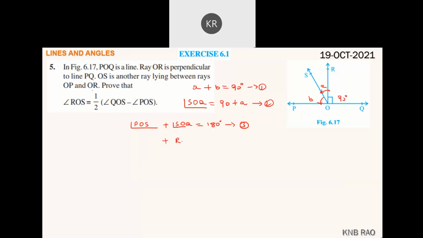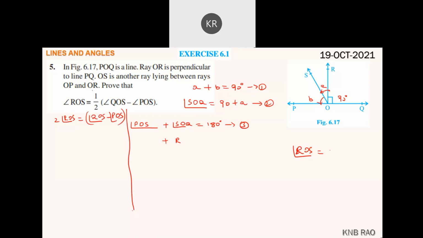And angle ROS I want here. Angle ROS is 90 minus B. No, I have to bring angle POS and ROS here, but 2 times angle ROS is angle QOS minus angle POS.